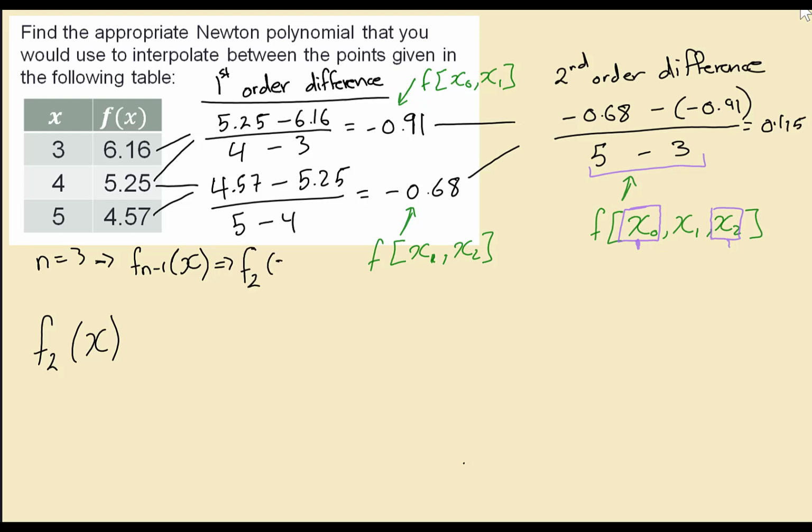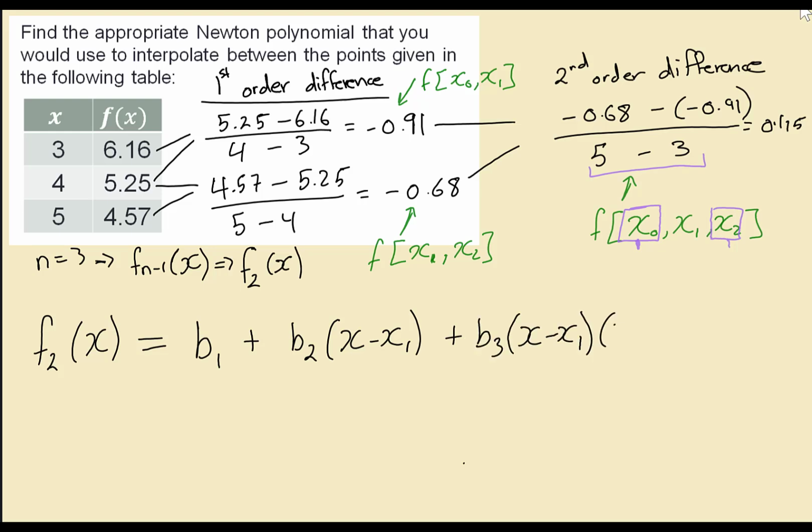So f2 of x. That's just one way of remembering what's the order of the polynomial for n given points. So we have the first term b1 plus b2 times x minus x1 plus b3 times x minus x1 times x minus x2.